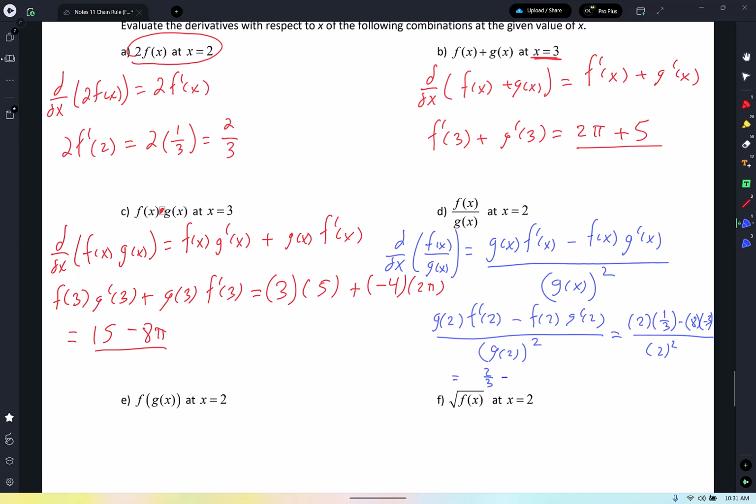2/3 plus 8, 16, 24 over 4. I'm going to go ahead and multiply that 24 by 3, guys, because I don't want to leave it like that. 2/3 plus 72 over 3 over 4. 72 plus 2, 74. So keep change flip. So I have 74 over 12, which reduces.